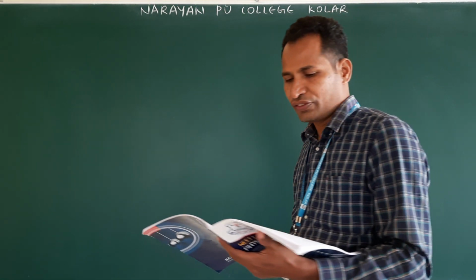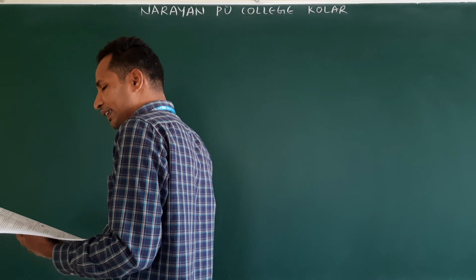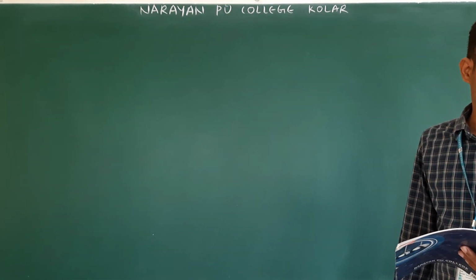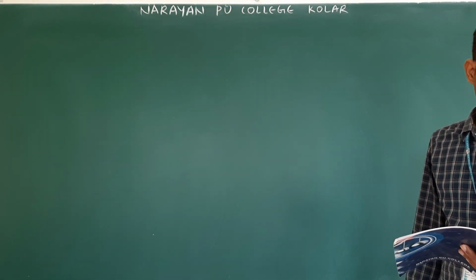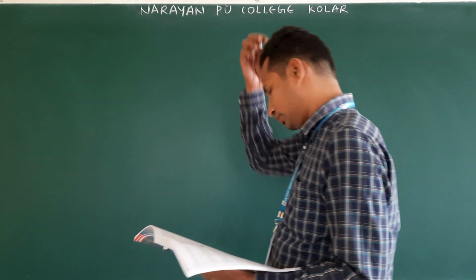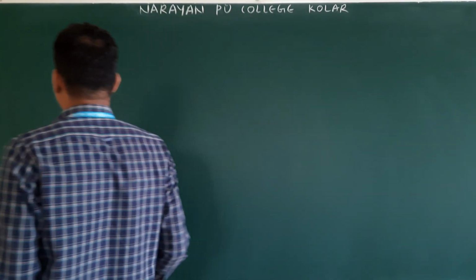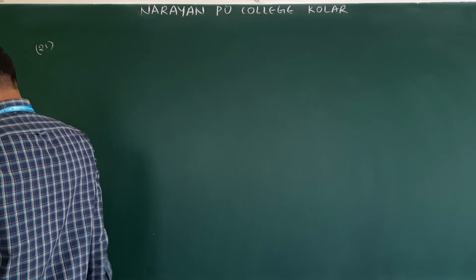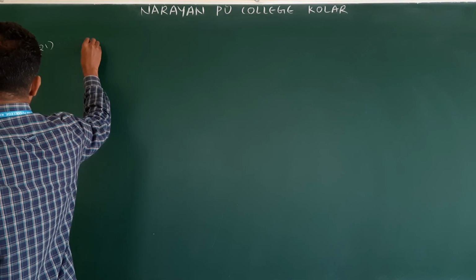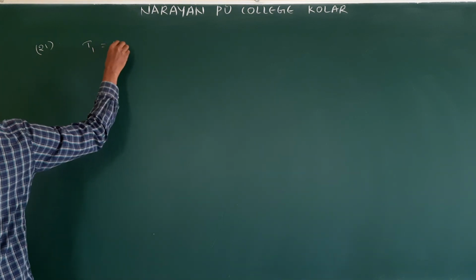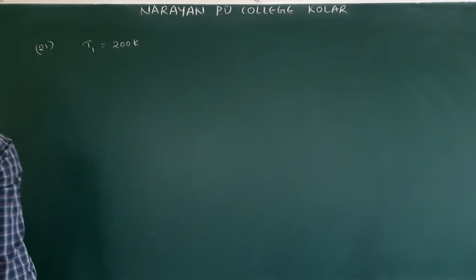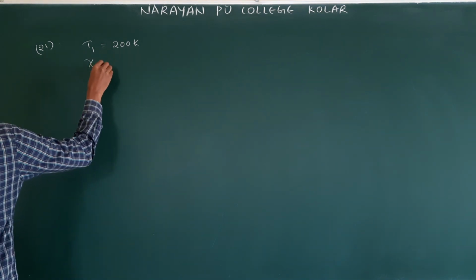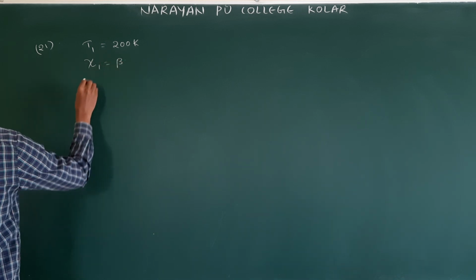The susceptibility of Mg at 200 Kelvin is beta. At what temperature is the susceptibility increased by 50%? They are asking for a new temperature. This is question number 21. T1 is 200 K. At this temperature, susceptibility is beta.